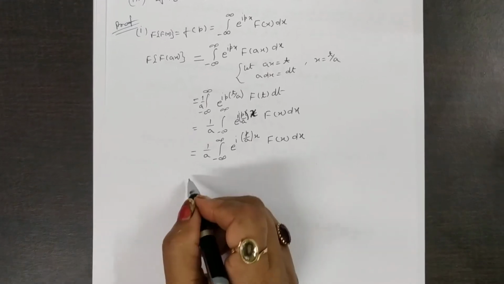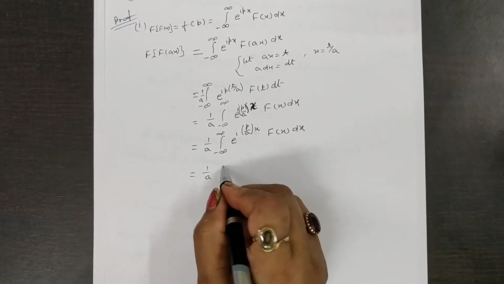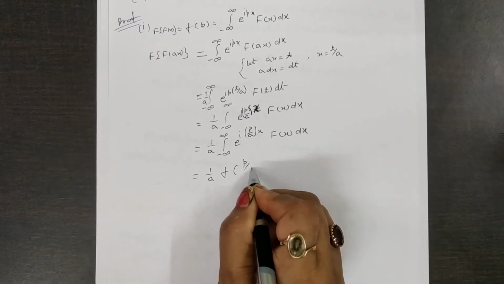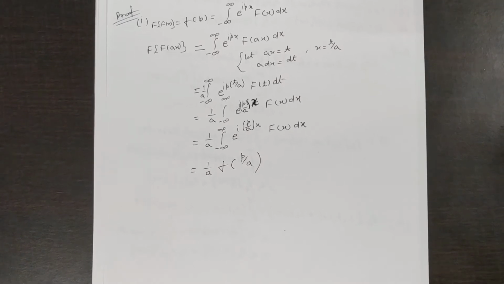According to the Fourier transform, this is equal to 1 by a F of p by a. Clear? Similarly, we can prove it for the sine and cosine transforms.